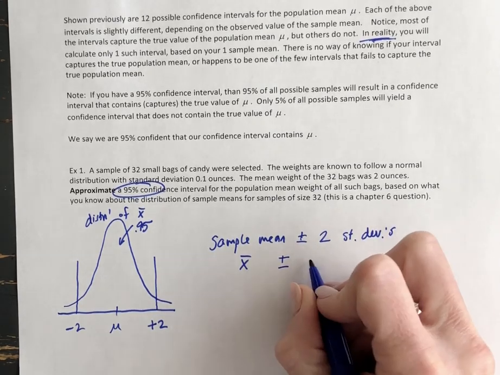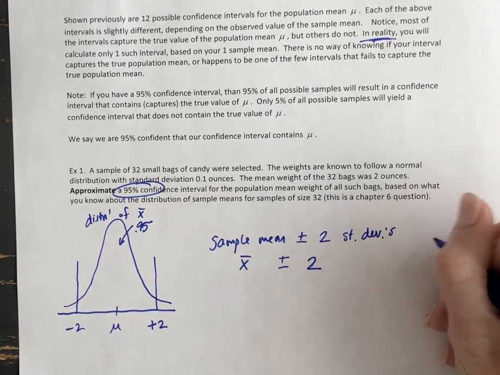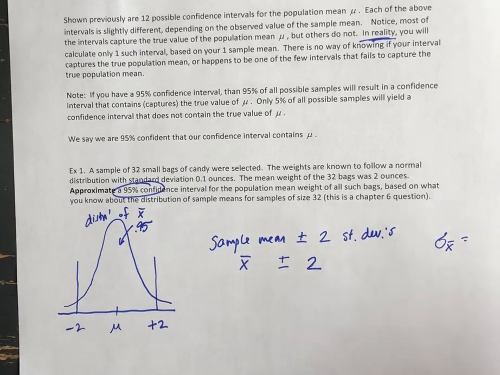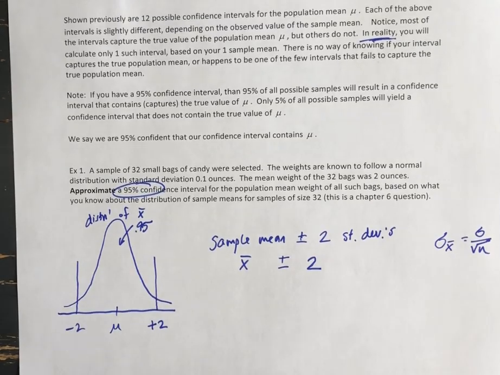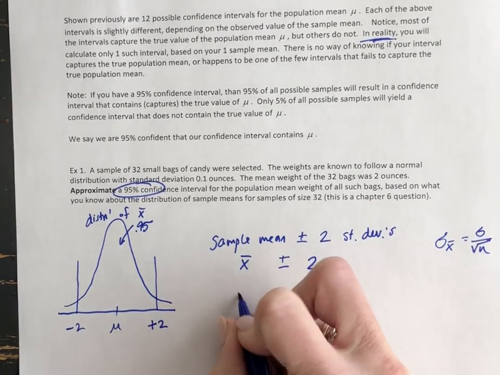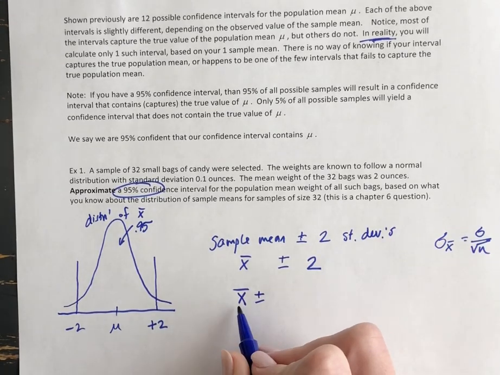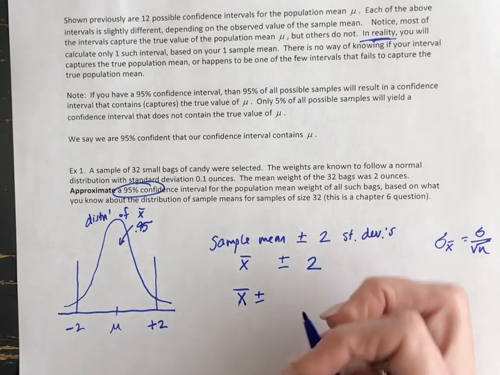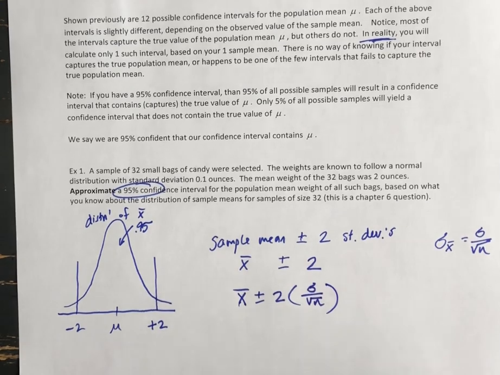So the standard deviation of the sample mean X bar, just as a reminder, sigma sub X bar, is equal to the standard deviation of X over the square root of n. Okay, and that was back from chapter 7, so this is X bar, back from chapter 6, X bar plus or minus 2 copies of that standard deviation.